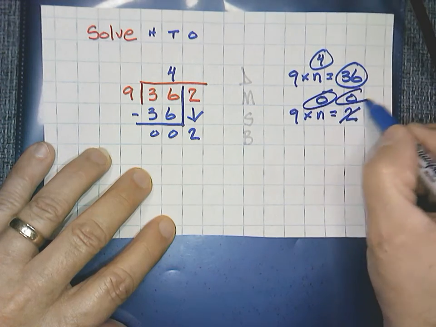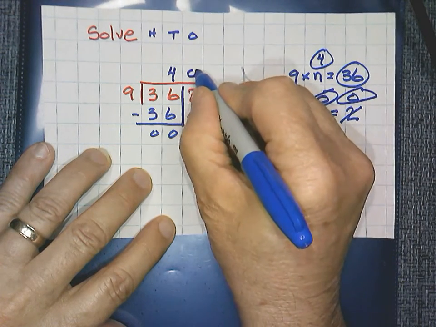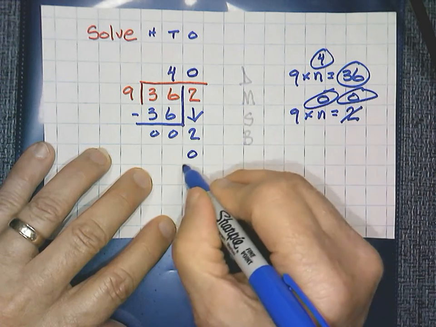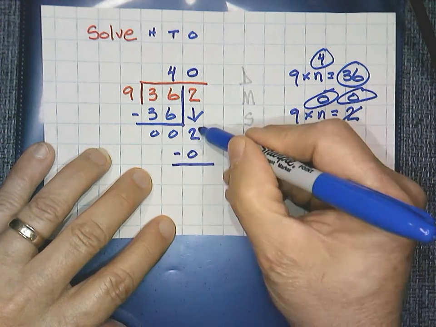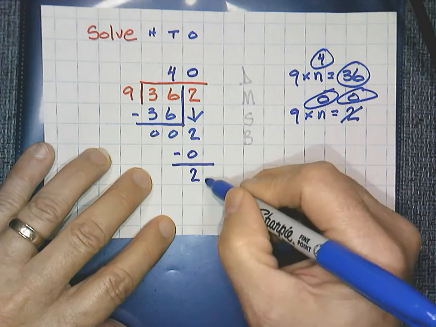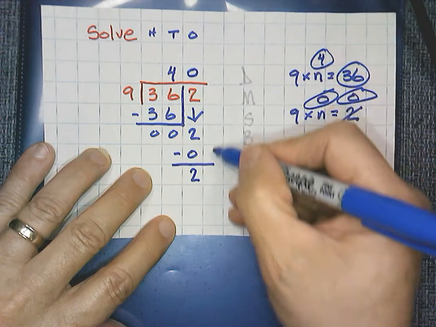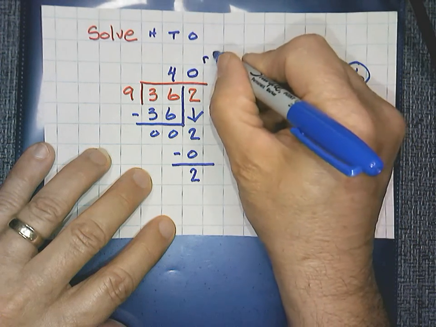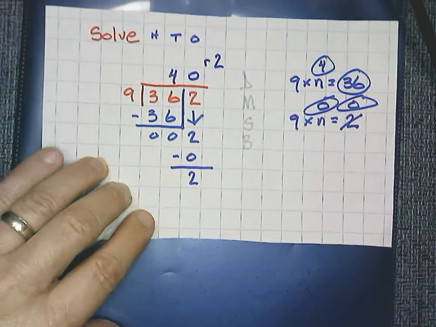And I'm going to draw my ovals. I'm going to use both. This 0 on the top and this 0 down here. I can see they're not the same. And when I subtract, notice now that I have no more numbers to bring down. So now this is a remainder. So our answer is 40 with the remainder of 2.